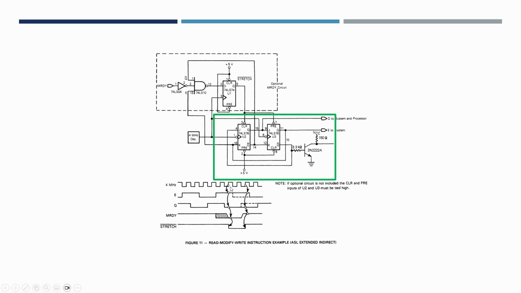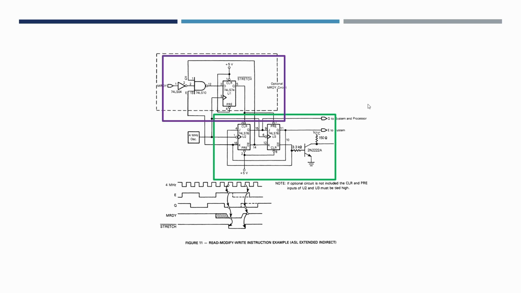Depending on how long MRDY goes low for, it'll extend by 1, 2, 3 or 4 clock cycles. There is a limit, I think the maximum is about 16 clock cycles, but hopefully from the analysis we've done, we only need 1 or 2 clock cycles to be added. It basically allows the CPU access to slot in with the video CRTC access.